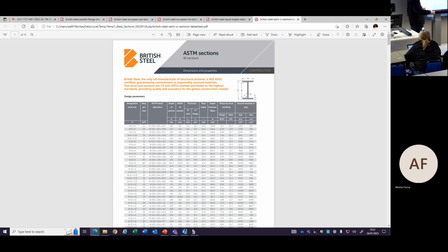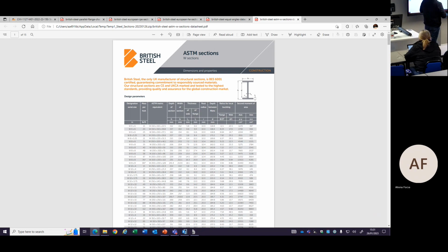The flange is wide, unlike the IPE. IPE flanges are not too wide. But wide sections have a wide flange.